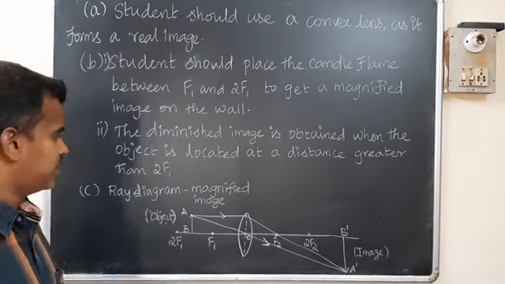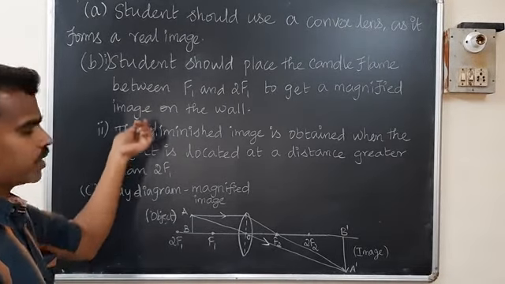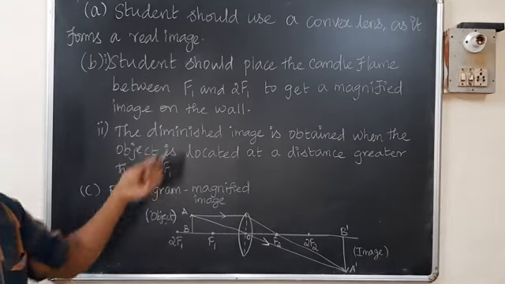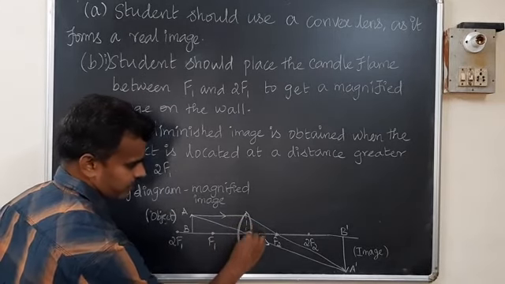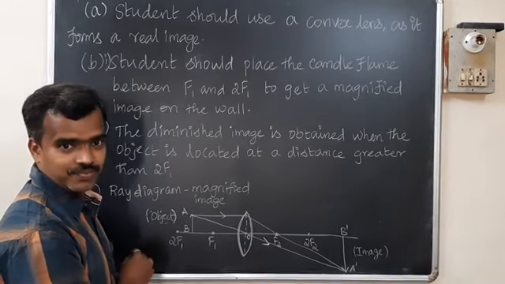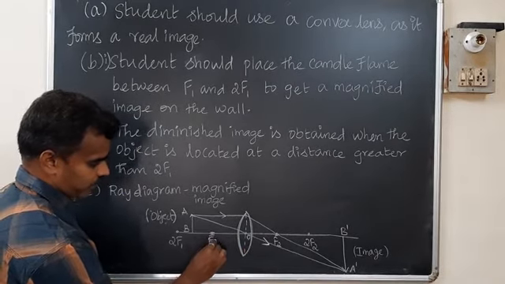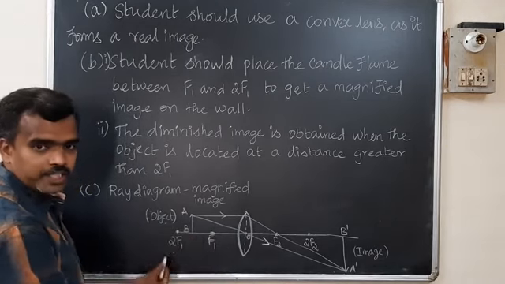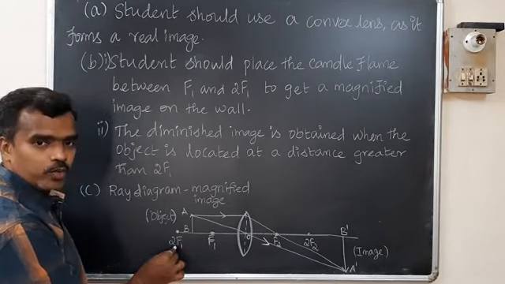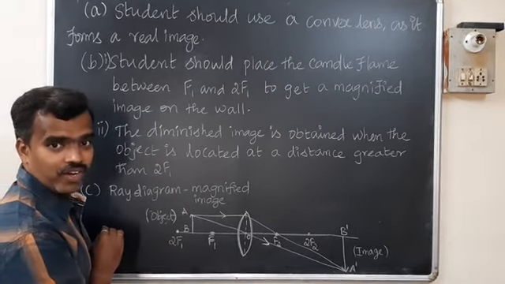And in the third subdivision, we need to draw the ray diagram for these two conditions. For the first condition, we are using a convex lens, and we have F1 and here 2F. The object is located between F1 and 2F1. So this is the object, the candle flame.